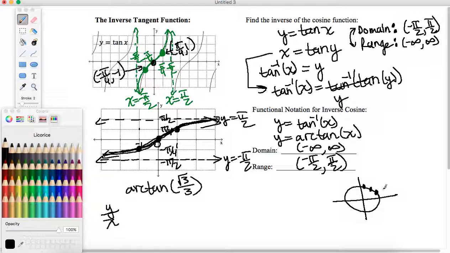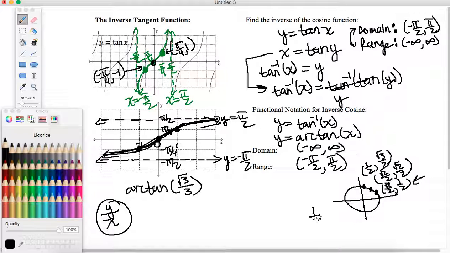Remember, on our unit circle, we have our 30-degree angle, or pi over 6, that has a coordinate of square root of 3 over 2, comma 1/2. My pi over 4 has square root of 2 over 2, square root of 2 over 2. And my pi over 3 has 1/2, square root of 3 over 2. When I'm thinking about arctangent, I'm thinking about y over x. The only way I'm going to do y divided by x and get square root of 3 over 3 is to look at pi over 6.